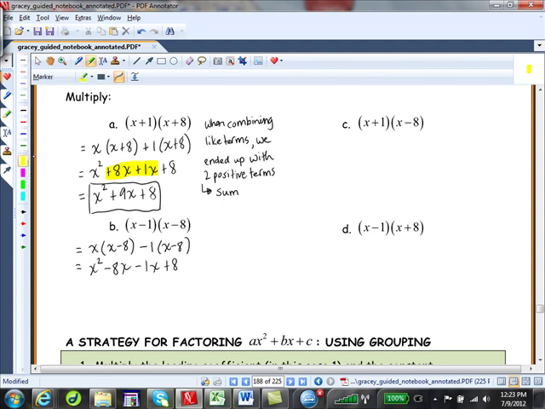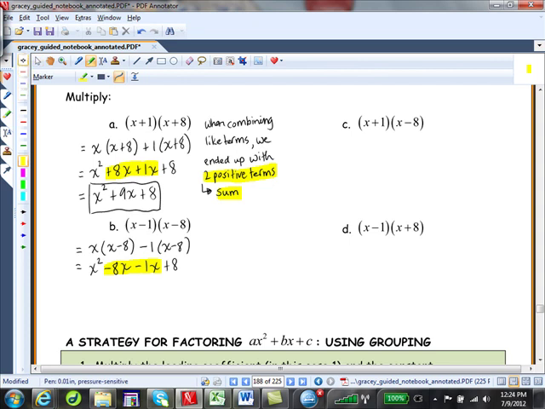Last time when combining like terms, we had two positive terms, so it was a sum. Here, do you see that we have two negative terms?